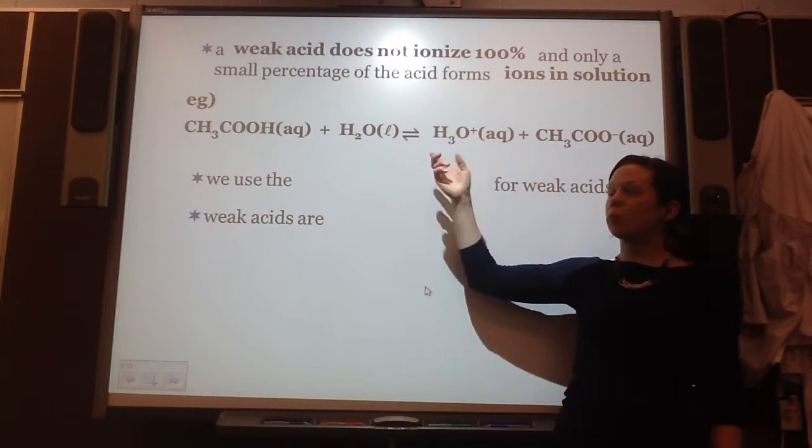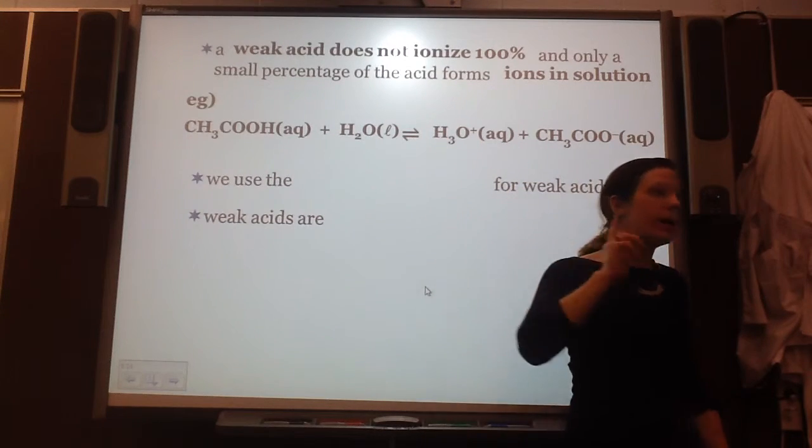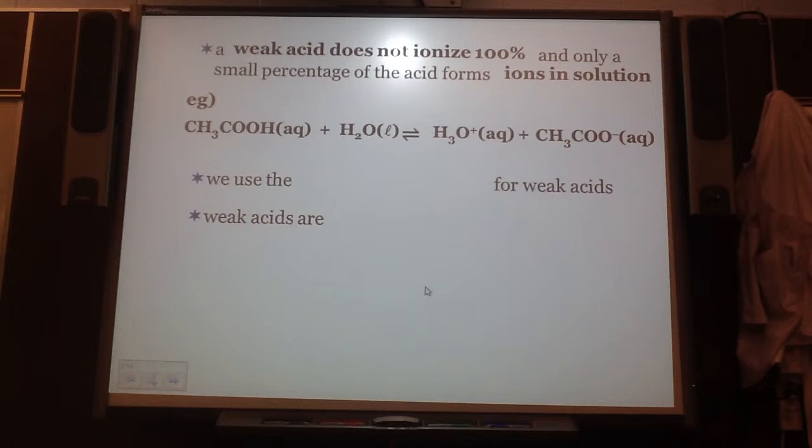I need to represent that in some way, and I'm using my equilibrium arrows. This is really important, so circle the equilibrium arrows and put a star there. You really need to get that into your head. We use the equilibrium arrow for weak acids so that we can represent that not everything from the reactants becomes the products in the reaction with water.